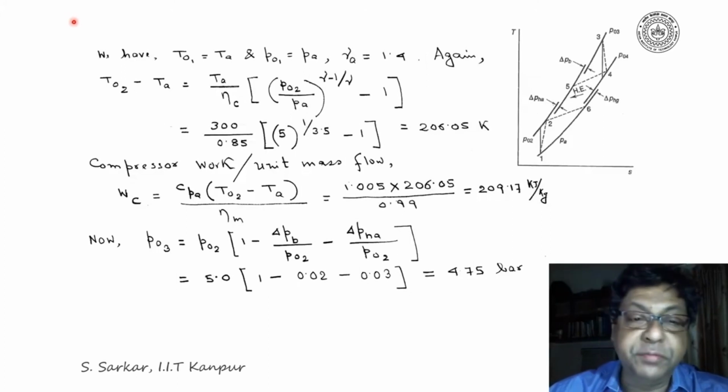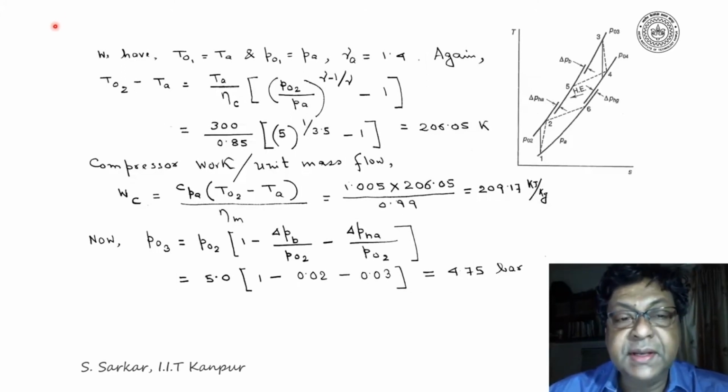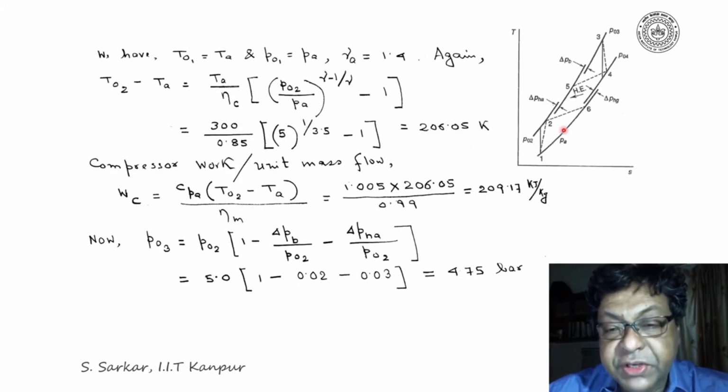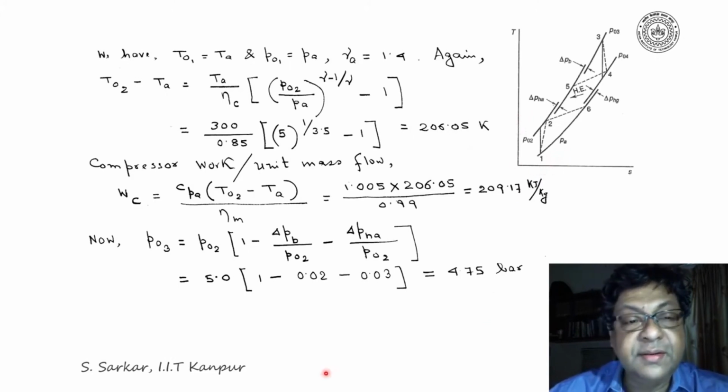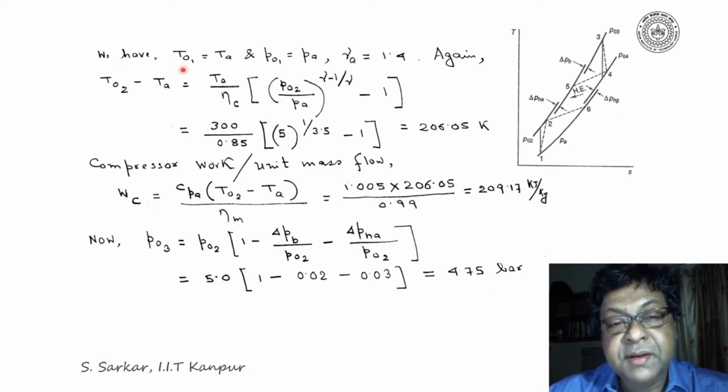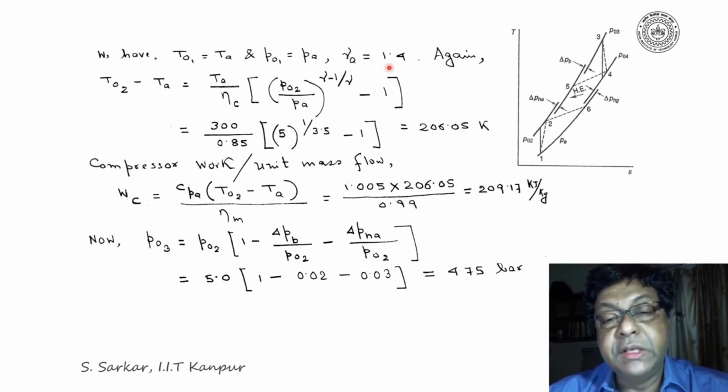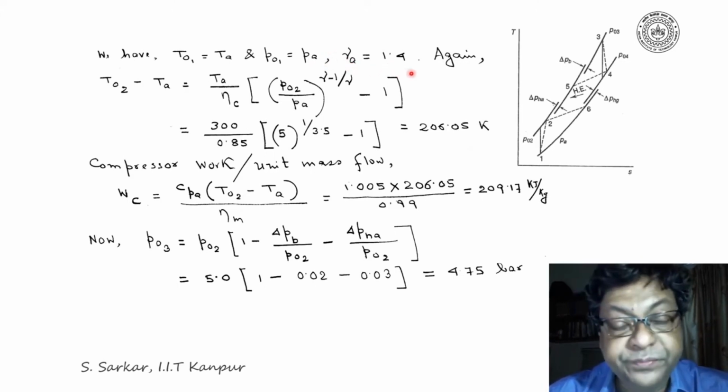Now let us solve the problem. I'll start with the compressor. So here T01 must be equal to TA, atmospheric temperature, and P01 is equal to PA, and gamma A is equal to 1.4.